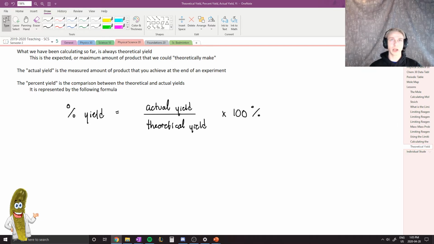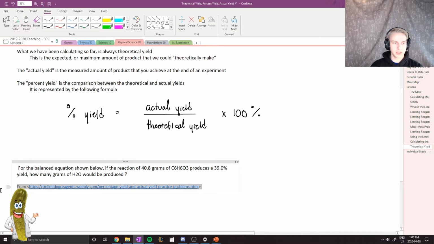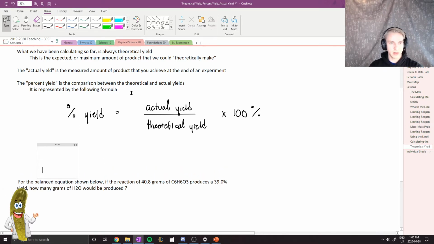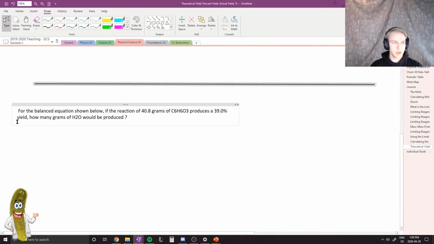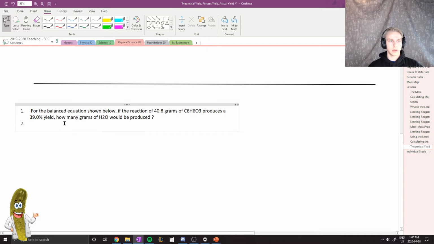So we're going to do a couple of questions here. There are two different types of percent yield questions that we'll do. So this is question number 1. Let's insert a line right here so we know it's separating those two. This will be question number 1 there.